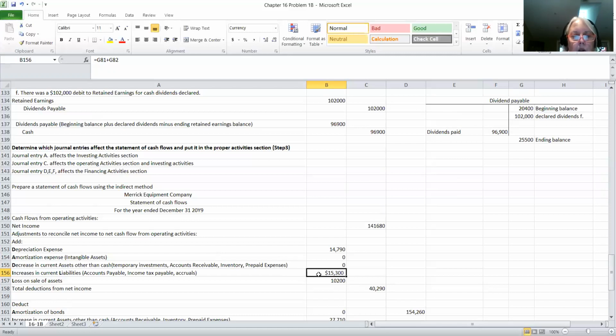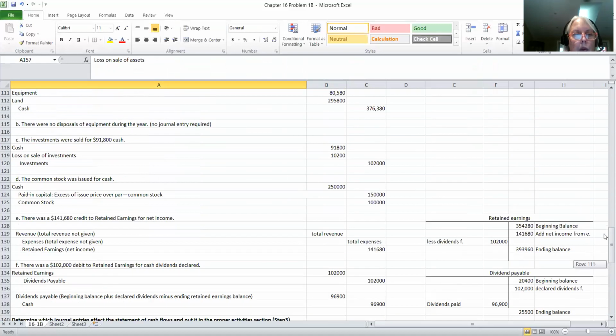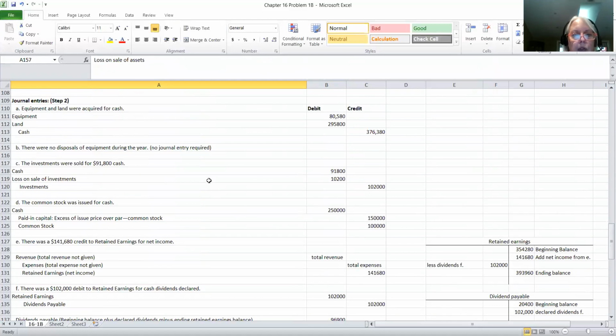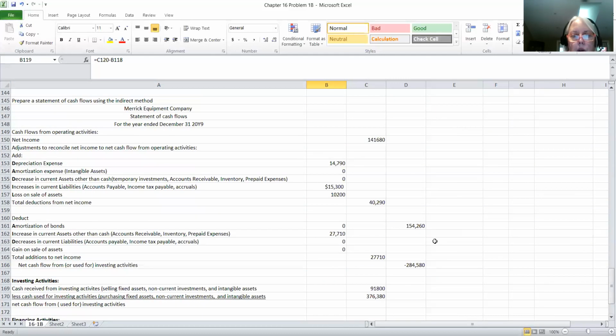And that would go under this operating activities section of the statement of cash flows. We're also going to look to see if there were any losses on the sale of assets. In this particular problem, there was a loss on the sale of investments at $10,200, and so that is recorded here.